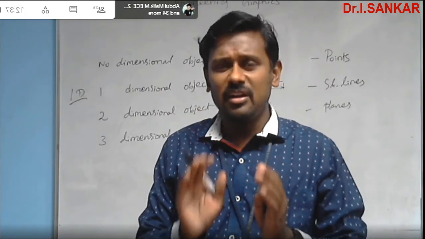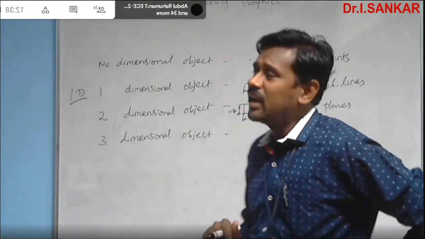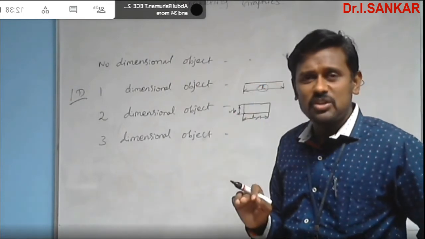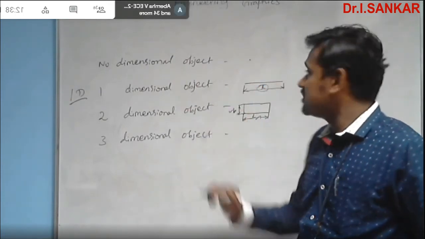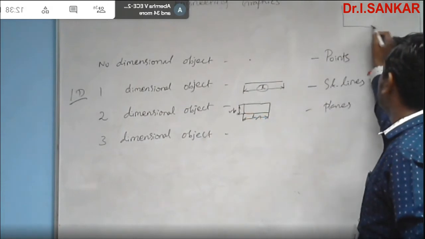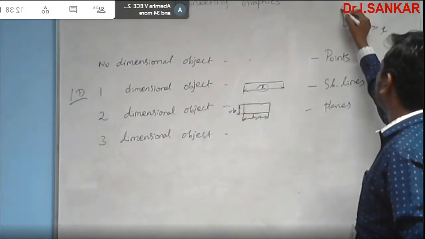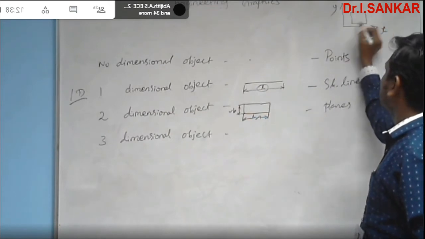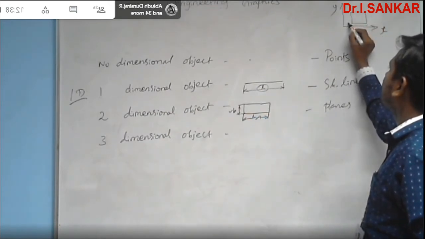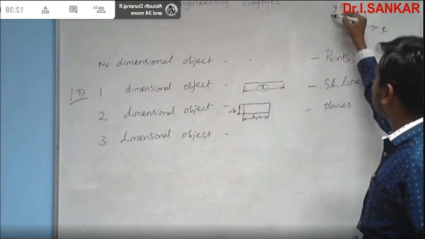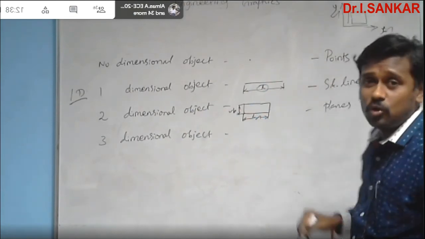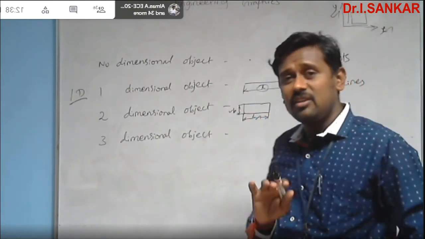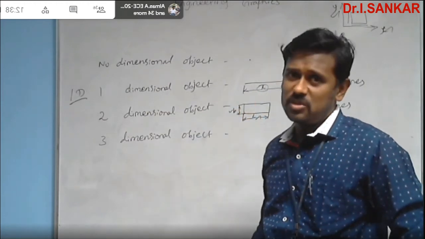They are called two-dimensional objects. Their dimensions can be measured in two principal axes, that is, in x and y axis. You can measure this much unit in x axis, that much unit in y axis. They are nothing but 2D objects, two-dimensional objects.